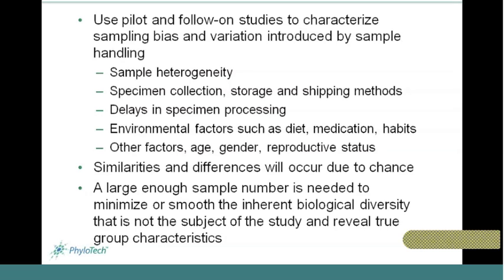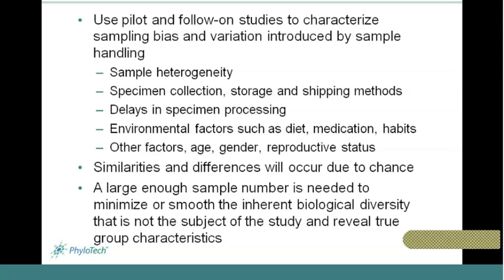And then in the samples themselves, you want to make sure that you have well-annotated samples. That lab metadata can be incredibly important. Environmental factors such as diet, medication, habits, other factors, age, gender, reproductive status can impact your interpretation.